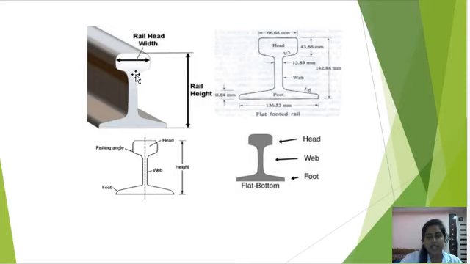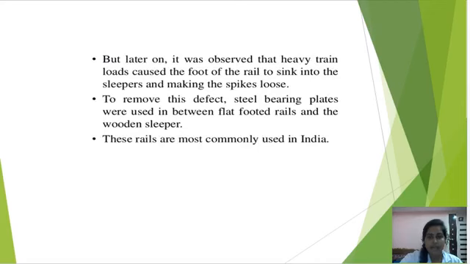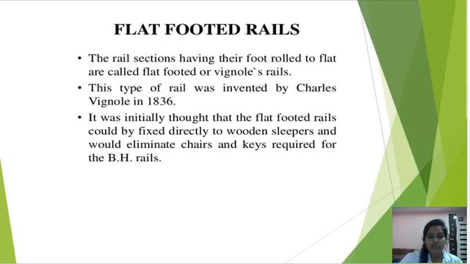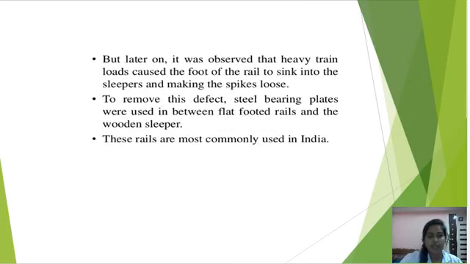This is flat-footed rails, whose base of the foot is flattened and the head is small. So only this is known as flat-footed rails. This was invented to eliminate the chairs and keys that are required for bull-headed rails.